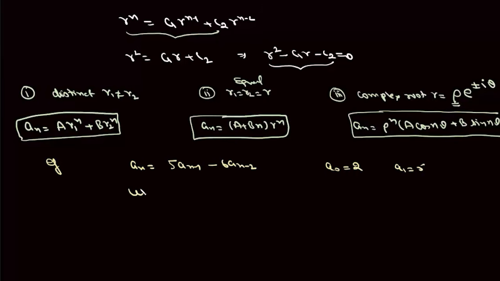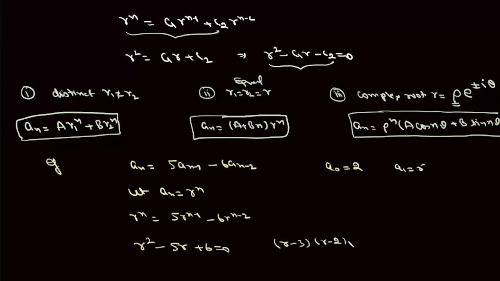For this solution, we let a_n as r to the power n. So it will be r to the power n equals 5 r to the power n minus 1 minus 6 r to the power n minus 2, which gives r square minus 5r plus 6 equals 0. Now we can write this as (r minus 3)(r minus 2) equals 0. So we get two real and distinct roots. So r could be 3 or r could be 2.